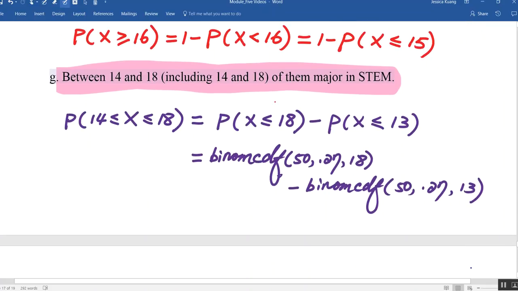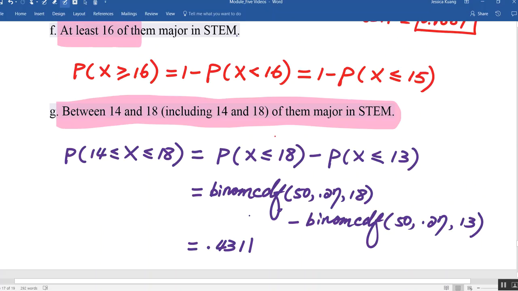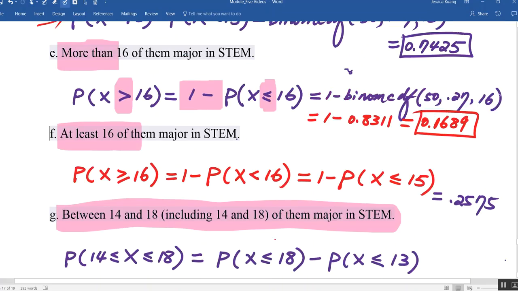Let me see if I carried out this calculation myself at any point. Oh, I did, and I have the answer right over here. It's 0.4311. And I actually also have the answer for this one. That is 0.2575. Let me verify. This plus this should give me 1. That looks like the case.